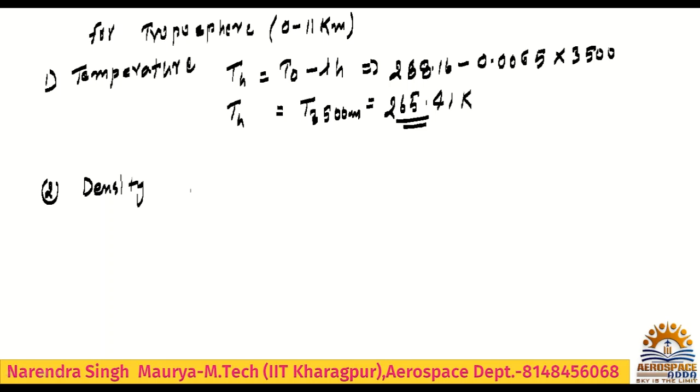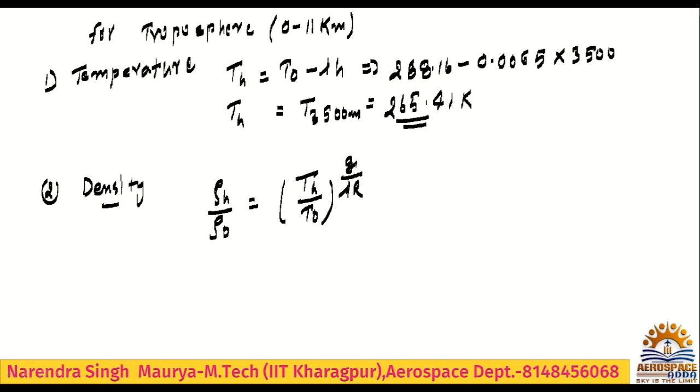So density at any altitude divided by density at sea level is equal to temperature at that altitude divided by sea level temperature, to the whole power g by lambda R minus 1.